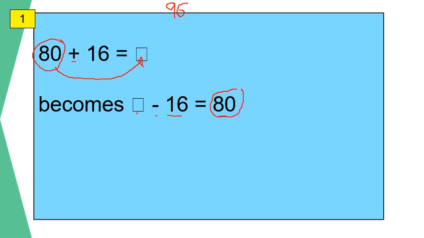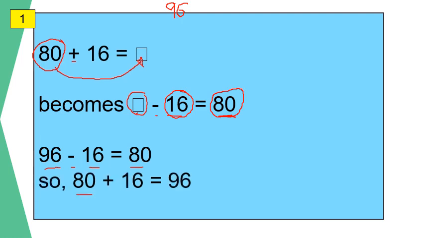And instead of adding two numbers together to get 80, I need to find the difference between this number and this number that is equal to 80. So I know that 96 minus 16 is 80. So 80 plus 16 equals 96.